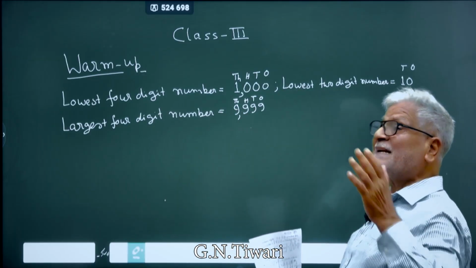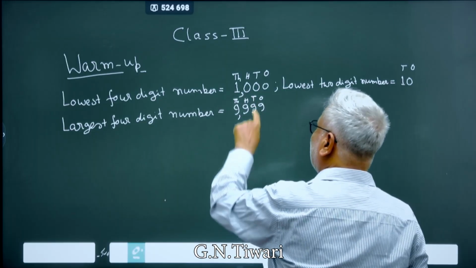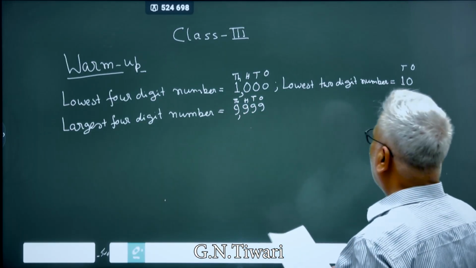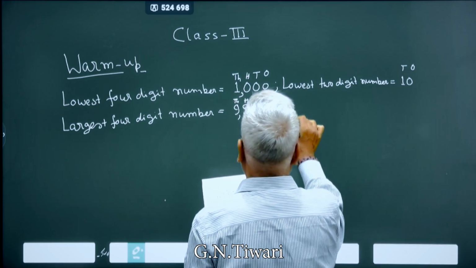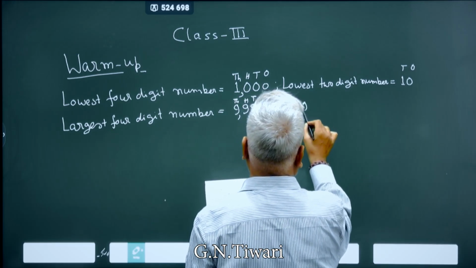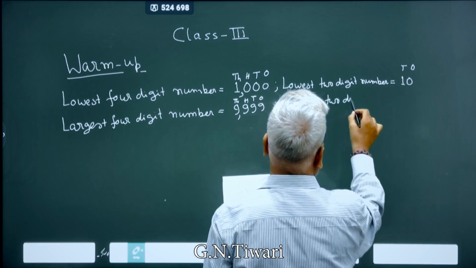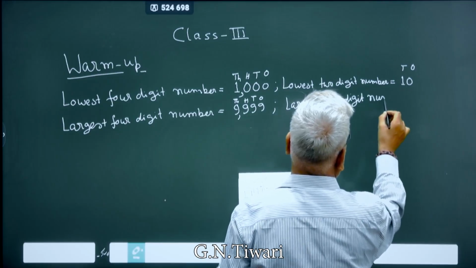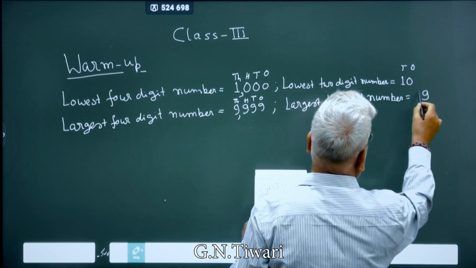Suppose you write the number name. So 9,999. Now again, the largest 2-digit number. Very simple, write 99.